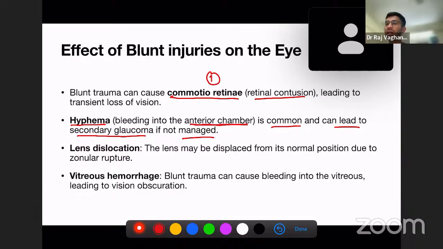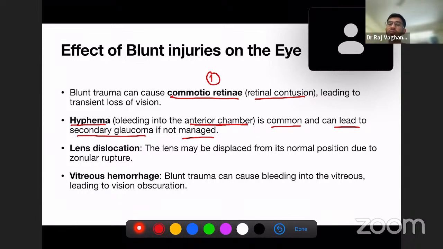If somebody asks you why the blood accumulates only in the lower chamber and not in the upper side, it is because of gravity. Hyphema, which is very common in blunt injuries, accumulates only in the lower portion, not in the upper portion.